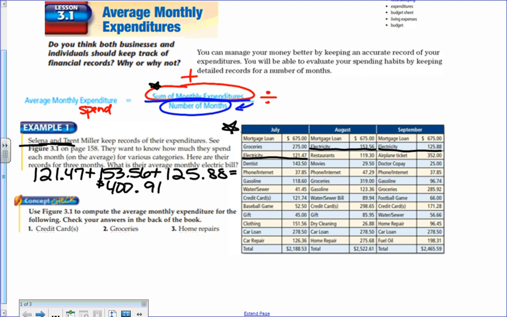So take that number, just leave it right there in your calculator, and divide it by 3. So the average for electricity is $133.64.